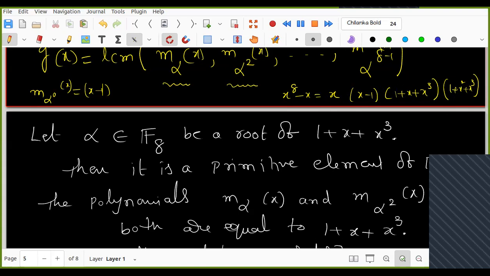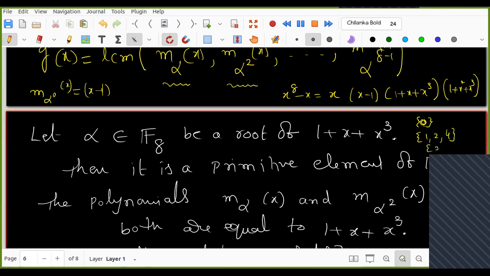Now what are the cyclotomic cosets? One cyclotomic coset is 0. Another cyclotomic coset is 1, 2, 4. Do you remember that? This is one cyclotomic coset.